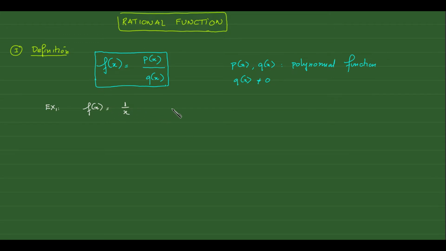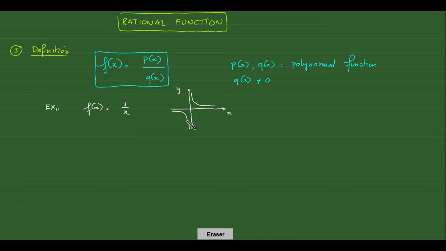The graph of this function I already introduced in the lecture when I first introduced functions. The sketch of this function will be something like this: one branch over here and the other branch over here, with x here and y here.